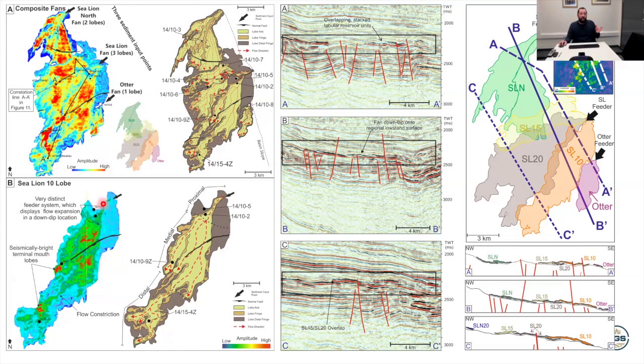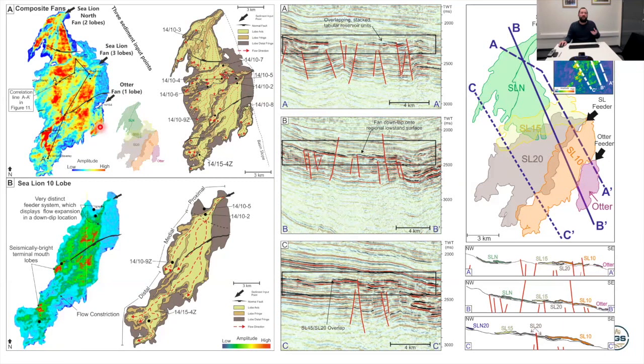You can see in this map in here from the SL10 lobe of the Sea Line fan, quite enigmatic feeder systems and outwards branching geometries. The amplitudes are representative of the architectures or the element level architectures within that fan or fan lobe system.